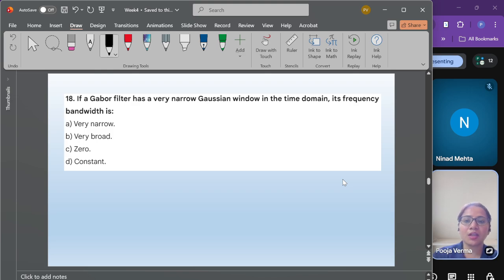The next question is: if a Gabor filter has a very narrow Gaussian window in the time domain, its frequency bandwidth is: option A, very narrow; option B, very broad; option C, 0; or option D, constant.